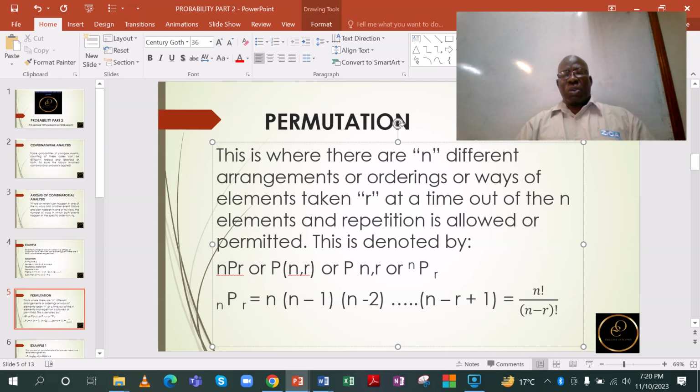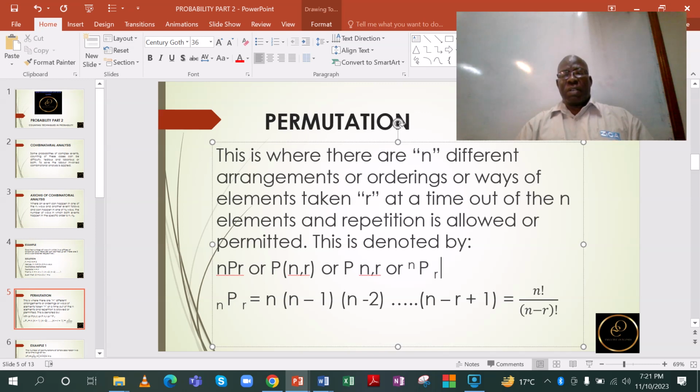When you simplify this, it simplifies to this particular arrangement here. That is what is known as the permutation formula.